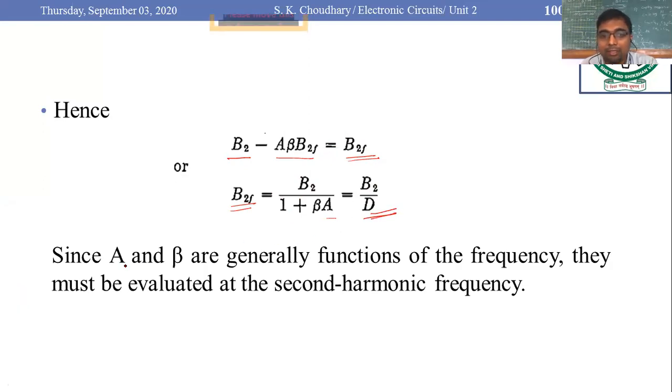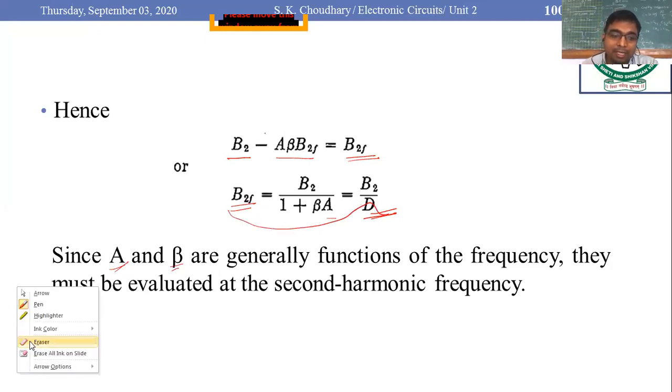Here the gain A and beta are both functions of frequency, and both are evaluated at the second harmonic frequency, and you see the overall effect of negative feedback in this case.